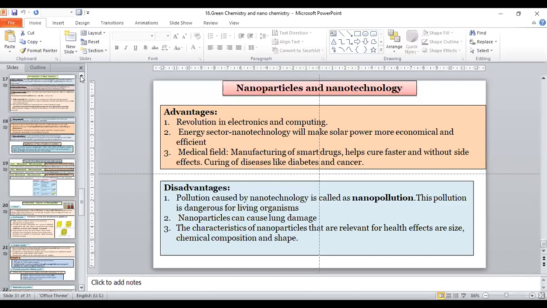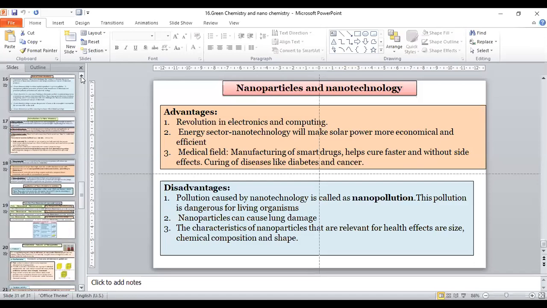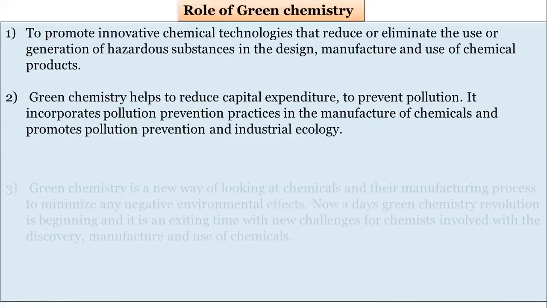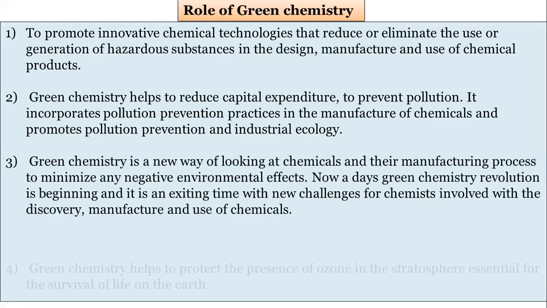Then we also discussed what is meant by nanomaterial, what is nanotechnology, what is nanoscience. So these questions will be asked in the board exam for 1 mark. The total weightage of this chapter is only 4 marks, and this chapter is included in applied chemistry.